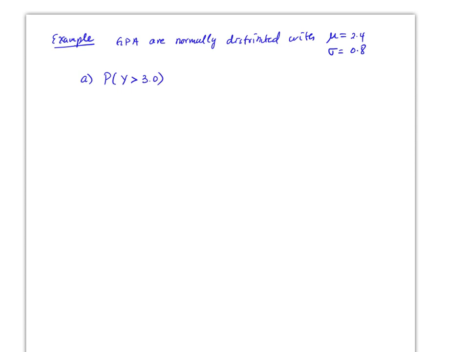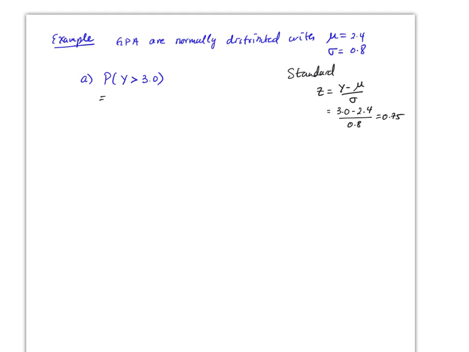Now notice that this is not a standard normal because the mean is not 0 and the standard deviation is not 1. So therefore, to change to standard, we're going to use the following. z will be equal to y minus mu over sigma. So in this case, this will be equal to 3.0 minus 2.4 divided by 0.8, and this is equal to 0.75.